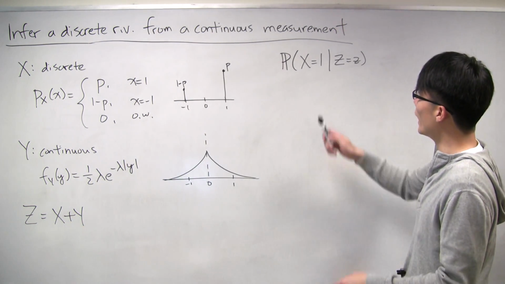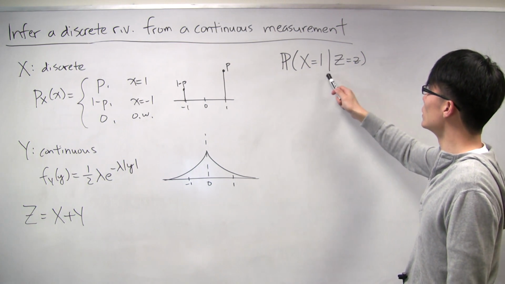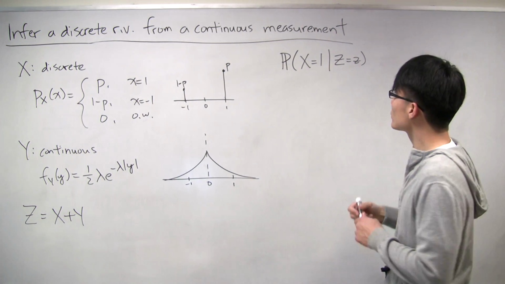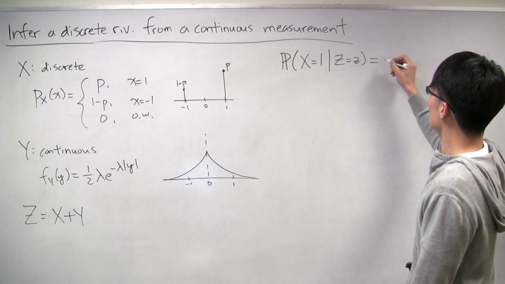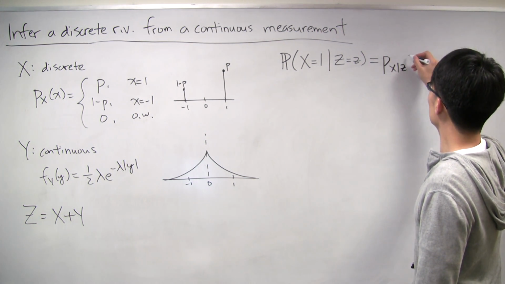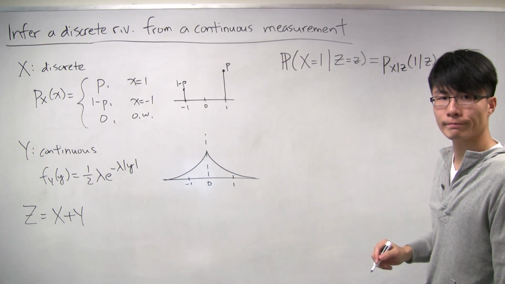So the problem asks us to find this. What is the probability that x equals 1, given that z is some little z? And you can write this another way, just as a conditional PMF: the conditional PMF of x given z, evaluated at 1, conditioned on little z.